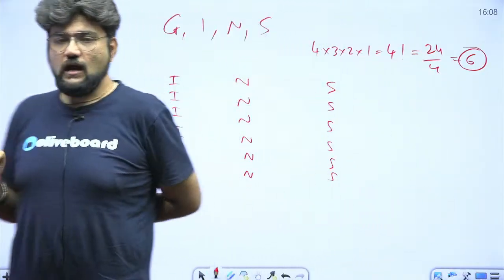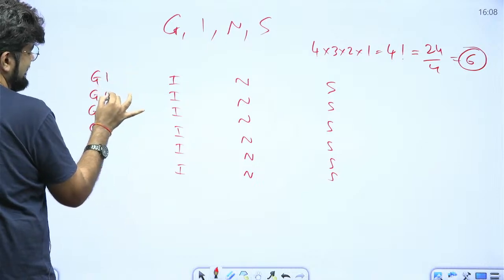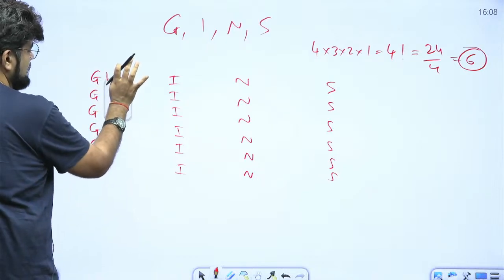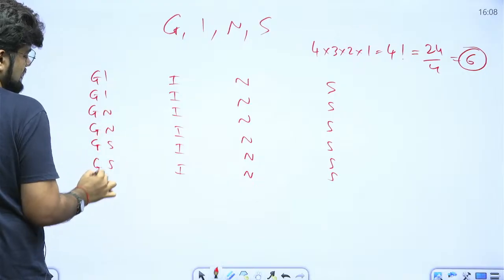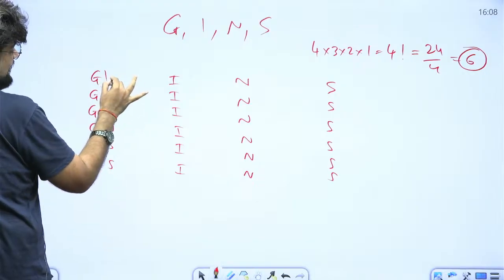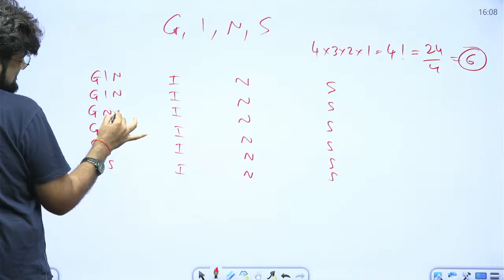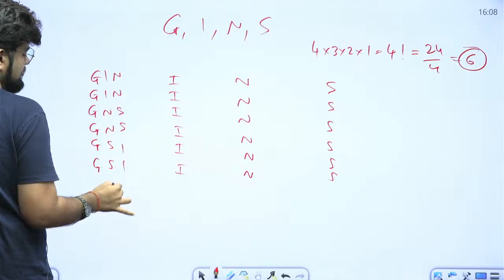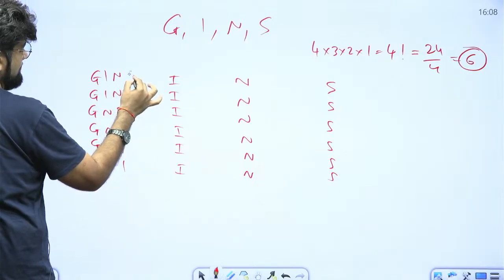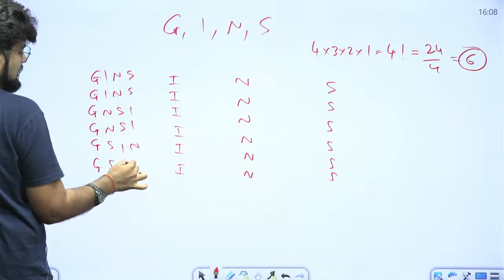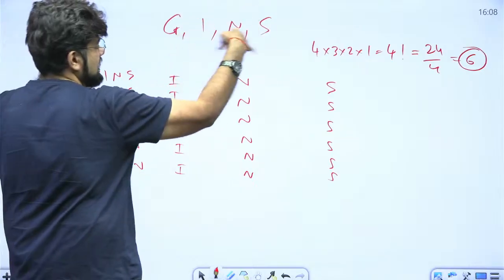Now, out here what we'll do is, we'll write it like this, G, I, N, S. Now we'll switch this with, let's say, N, S, I, and then we'll switch it as S, I, N. So we are switching within these 3 letters.